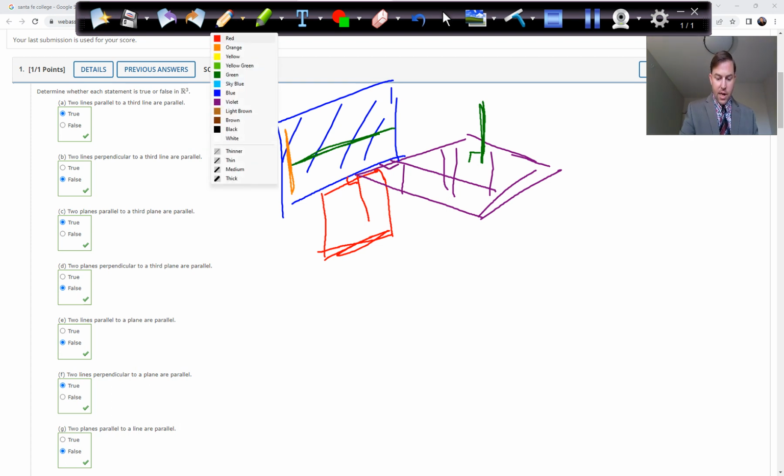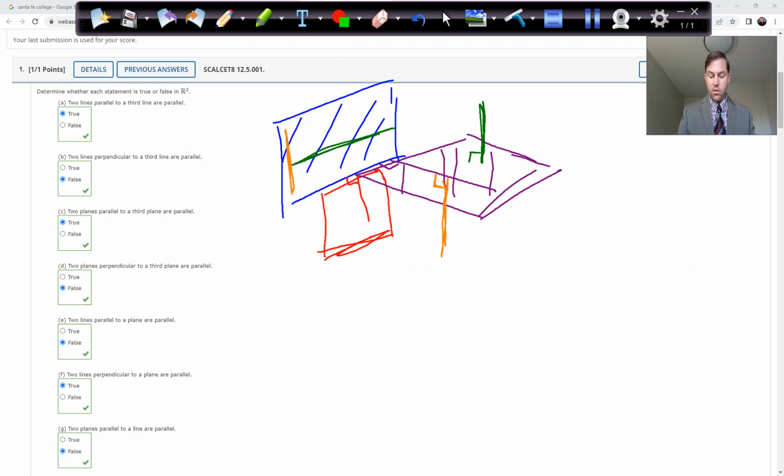Well, any other line I draw perpendicular to that, so let's draw orange. Let's say it goes straight down like this. That's perpendicular to the purple plane. Well, notice green and orange are parallel. So any orange vector I draw, any green vector I draw that are perpendicular to the purple plane are parallel to each other. So that one is true.